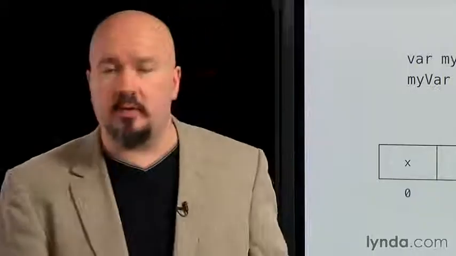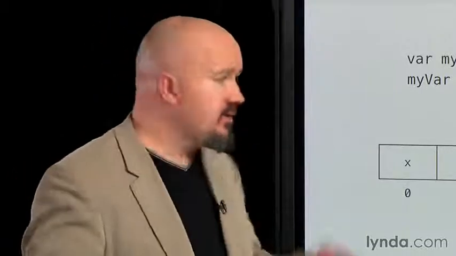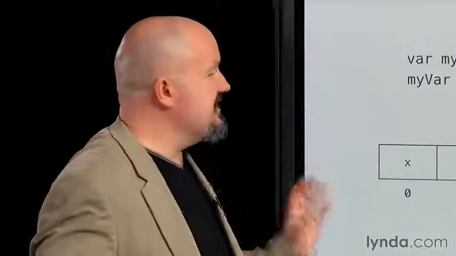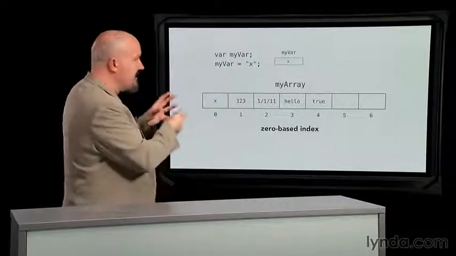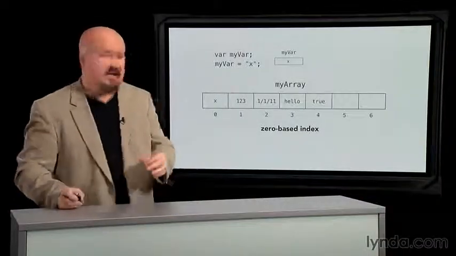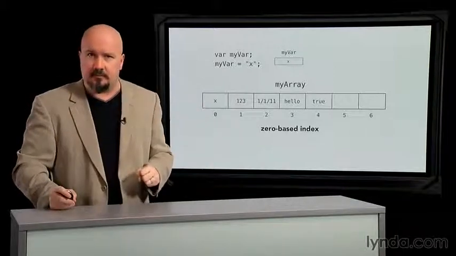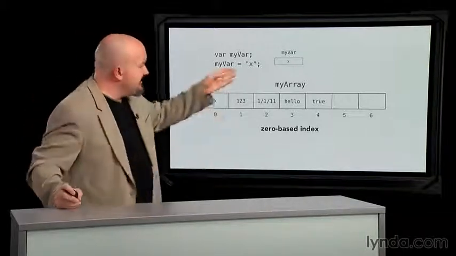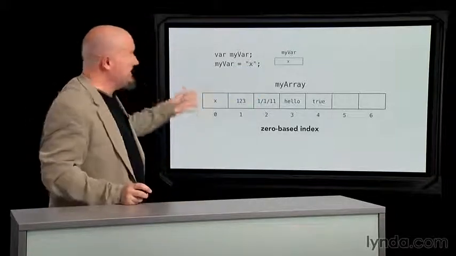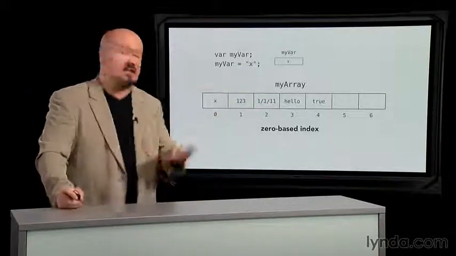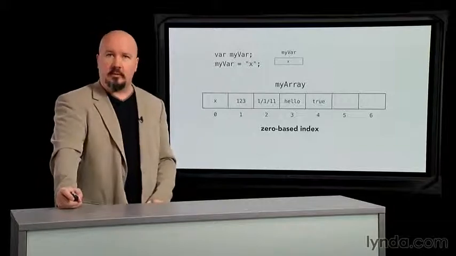Some languages, like older versions of Visual Basic, used 1-based arrays, but 0-based arrays are far more common. So we can use that index to either set that value or to get to that value. I need to use both the name of the array and the index of the element to access any one part of the array.